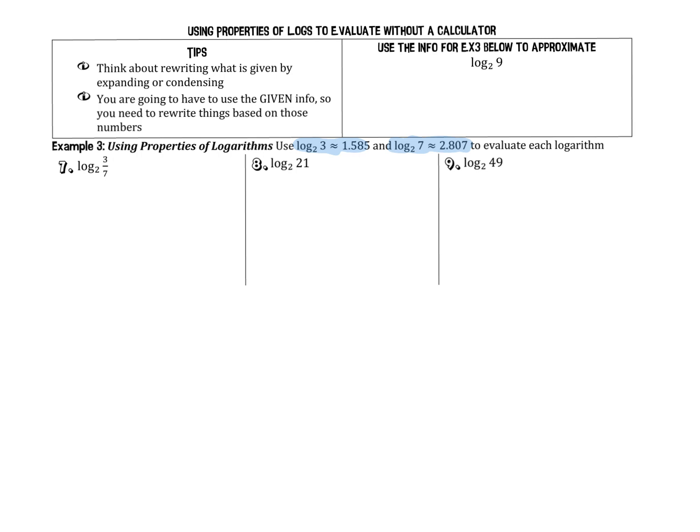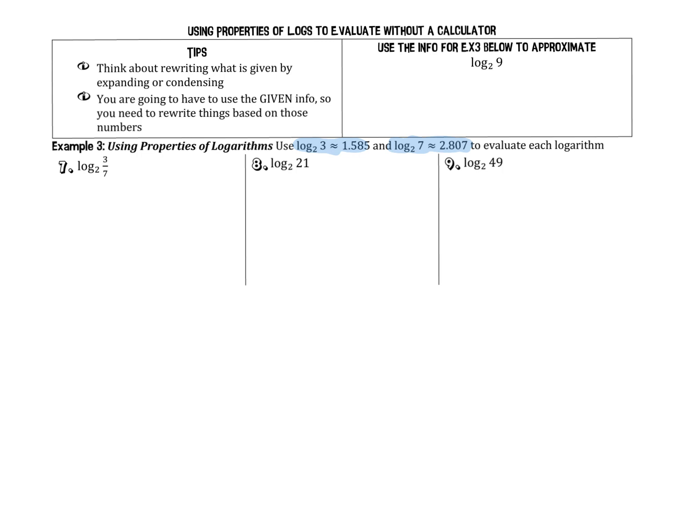So if we're given information about log base 2 of 3 and log base 2 of 7, since we know how multiplication relates to addition, how division relates to subtraction, and how powers work with logarithms, we can use those tools to try and help us approximate a log without actually having a calculator.